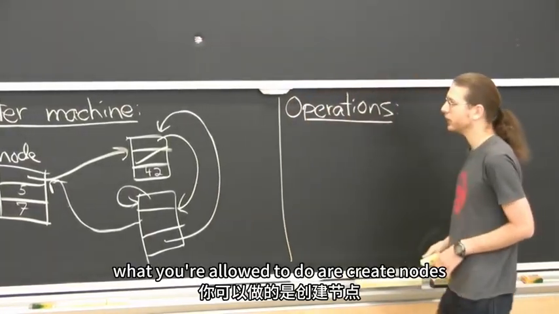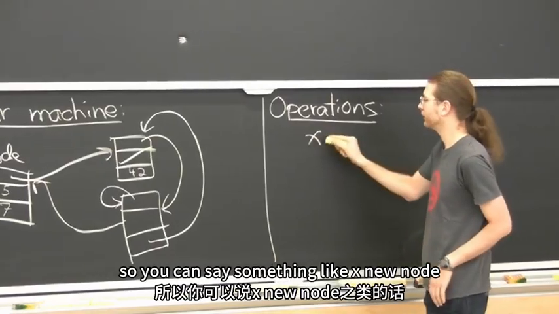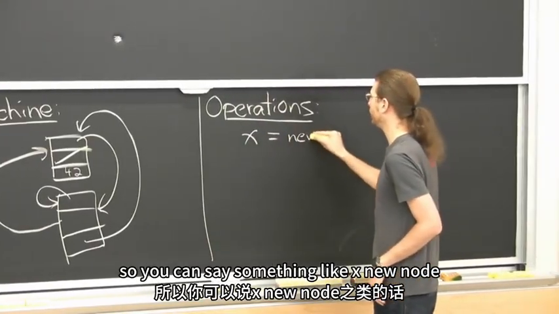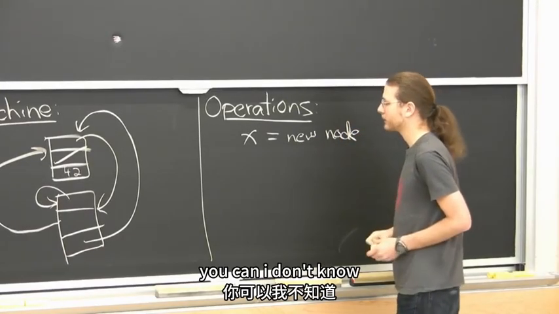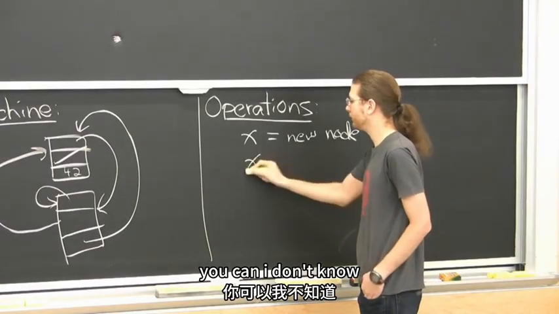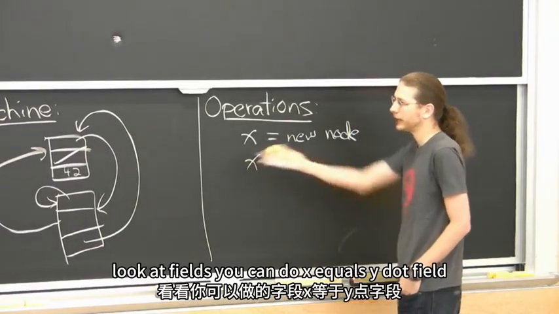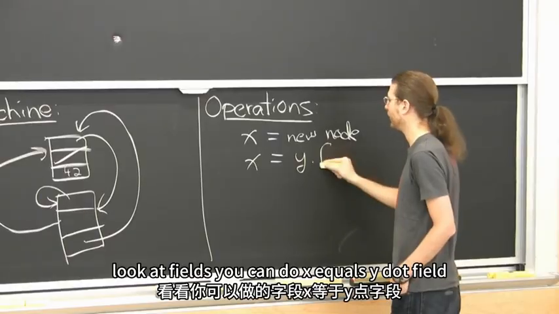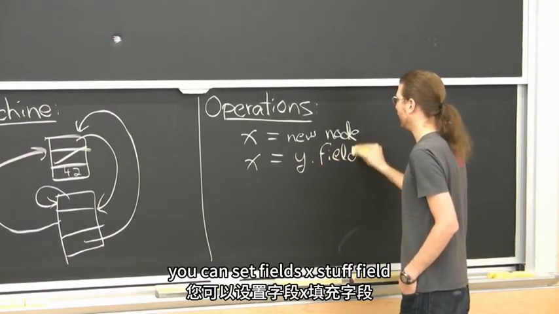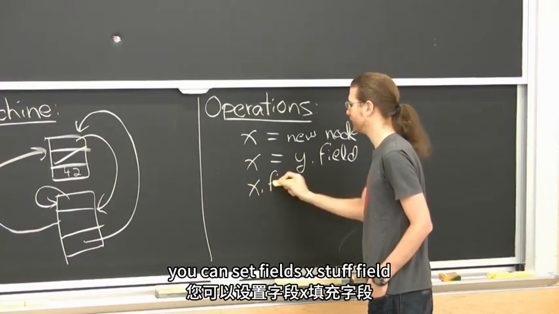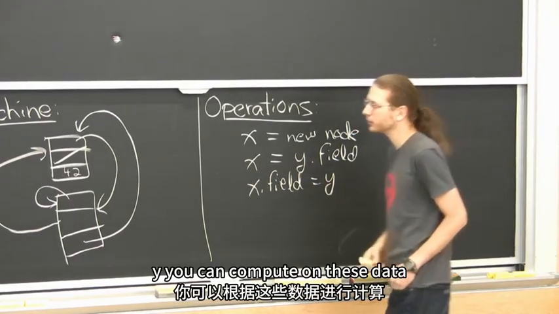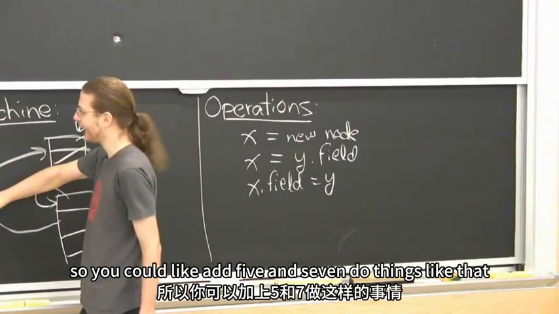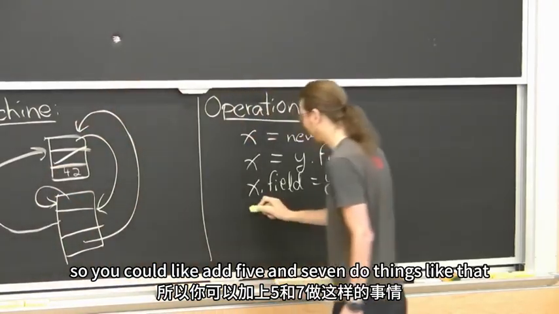What you're allowed to do is create nodes. So you can say something like x equals new node. You can look at fields, so you can do x equals y dot field. You can set fields, x dot field equals y. You can compute on the data, so you could add 5 and 7, do things like that.